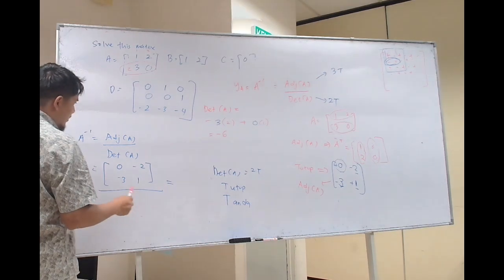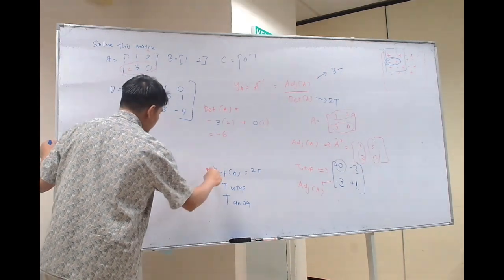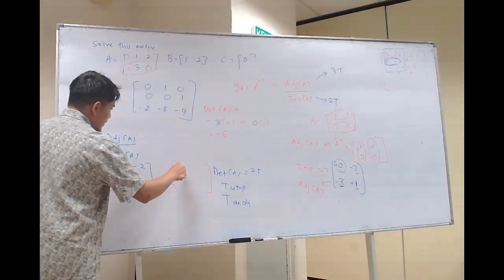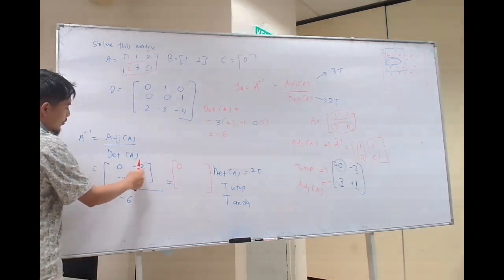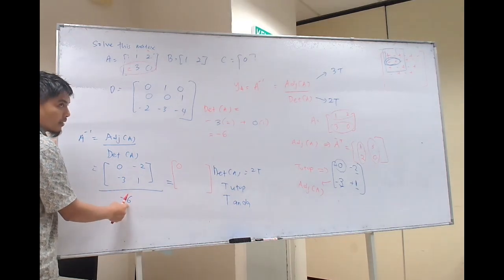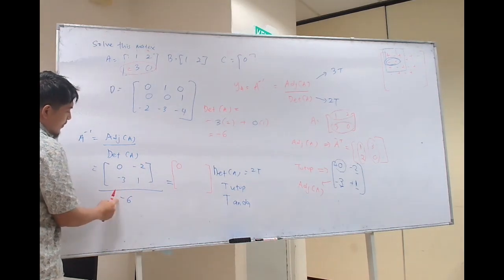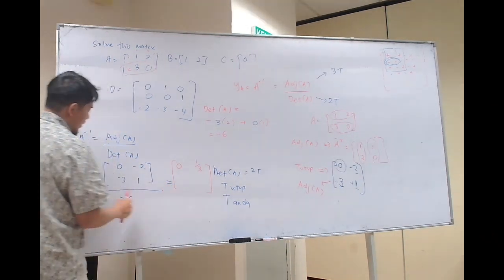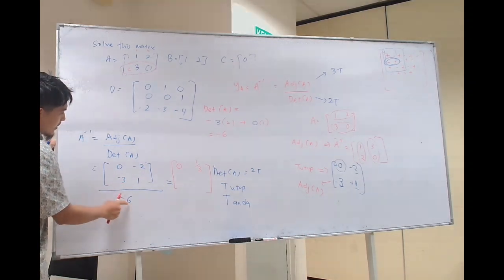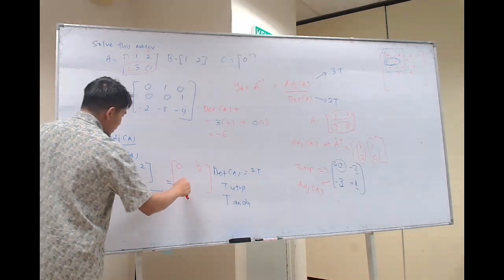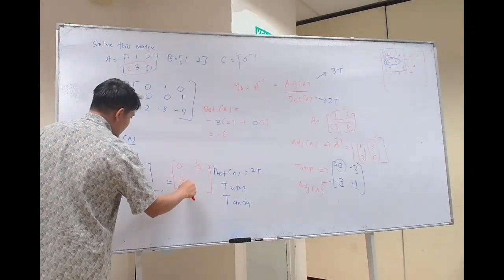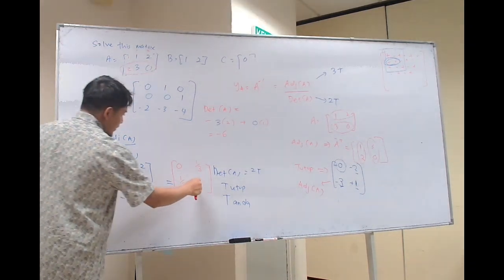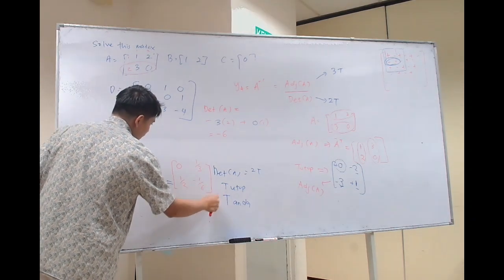You get 0 divided by -6, you get 0. -2 divided by -6, you get 1 over 3. -3 divided by -6, what is it? 1 over 2. 1 divided by -6, -1 over 6. This is the answer.